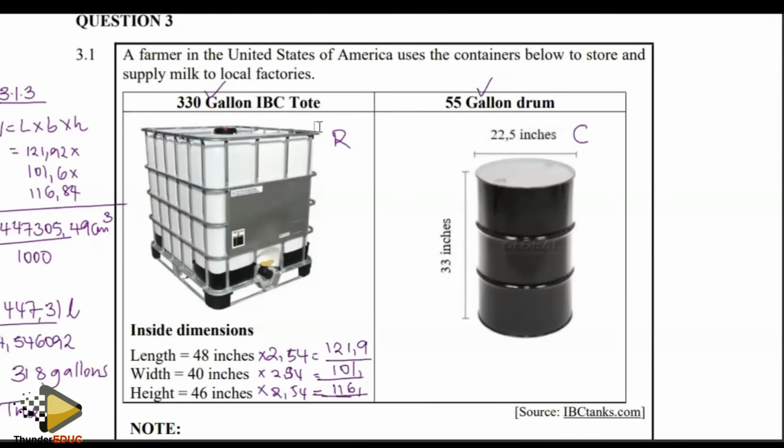Remember, we are looking at the surface area of a cylinder. Our radius has to be found, which becomes 11,25.